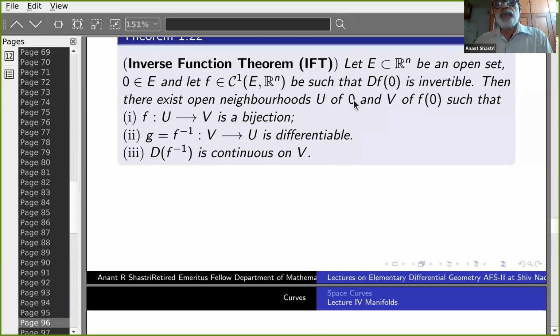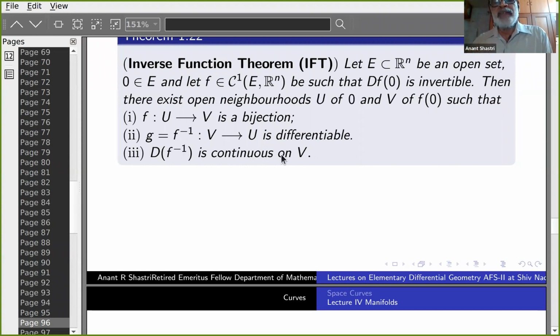Since we are not looking at the proof here, I want to tell you one thing, namely, suppose I assume F is C^r. Then the proof shows that G will also be C^r. Suppose F is C infinity, then the proof shows that G will also be C infinity.